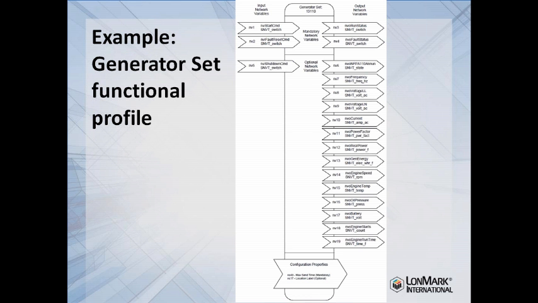So if you would integrate this genset in a control system with other devices, this is the interface for the other devices or monitoring systems to interact with the genset. And the arrows here are all what we call network variables.